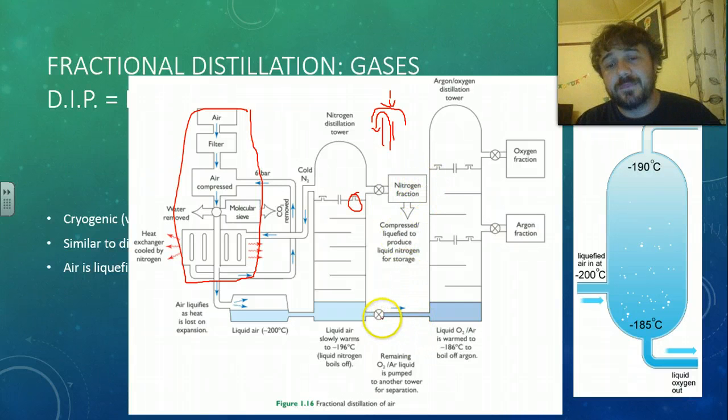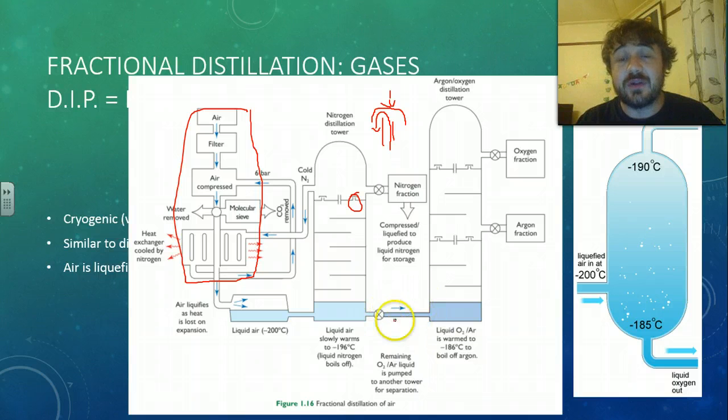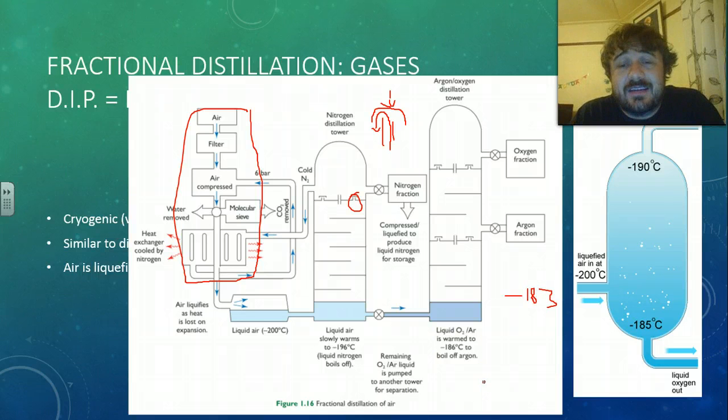So now you've got liquid air, you've got oxygen and argon remaining. So oxygen boils at minus 183, which is a bit warmer than minus 186.